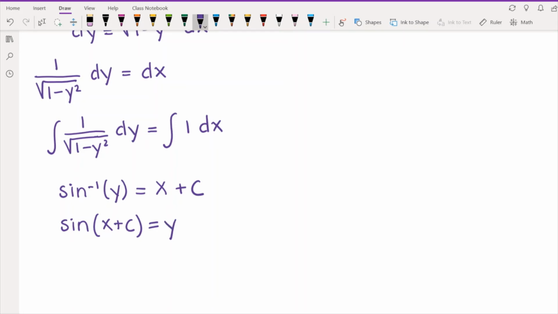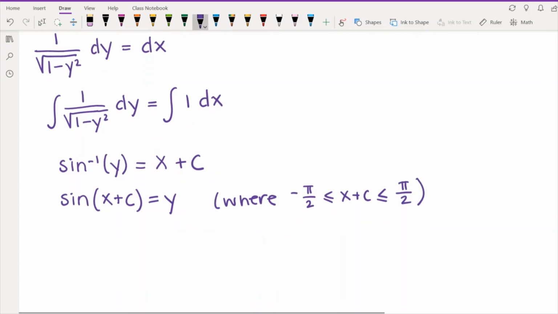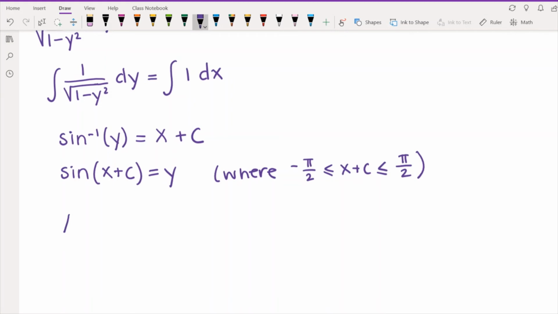And there's one little extra thing we should put, which is that because of the restriction on inverse sine, the input in this sine function should be between negative pi over 2 and pi over 2. So x plus c should be between negative pi over 2 and pi over 2. So that's it. That's our general solution. So y is equal to sine of x plus c is our general solution.